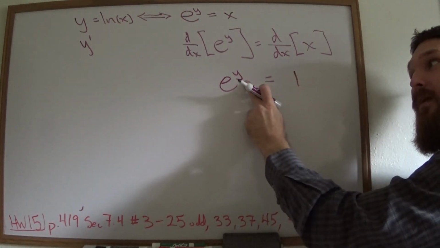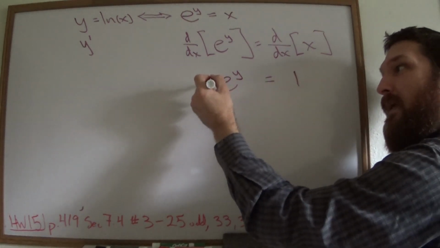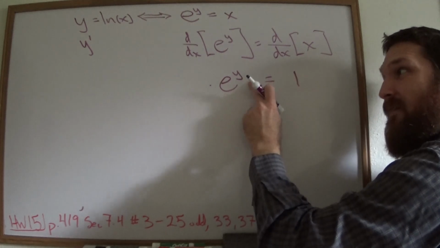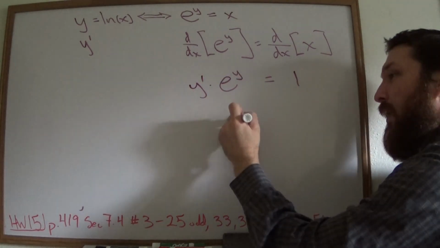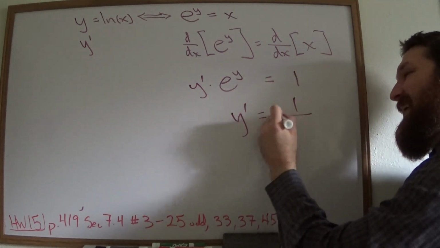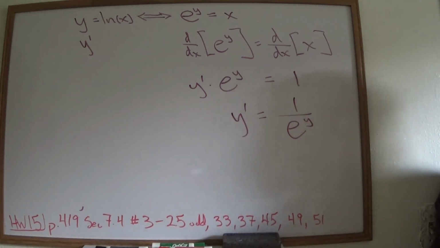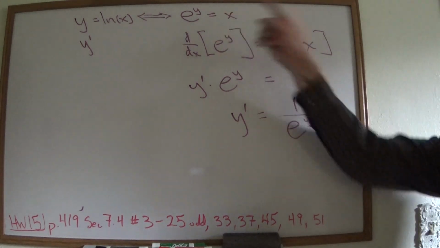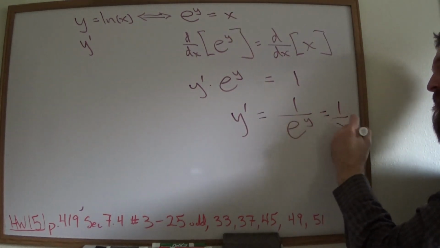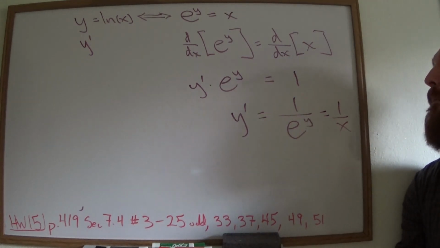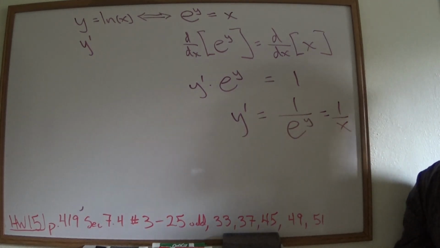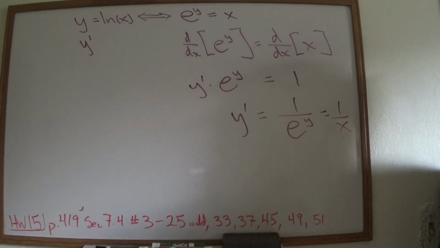But then we have to multiply by the derivative of that y stuff, so y prime. Oh, that's the thing I'm looking for. Y prime is equal to 1 over e to the y. e to the y is x. 1 over x. That's how your book does it. Much easier. But I like going from first principles and seeing if it works out.